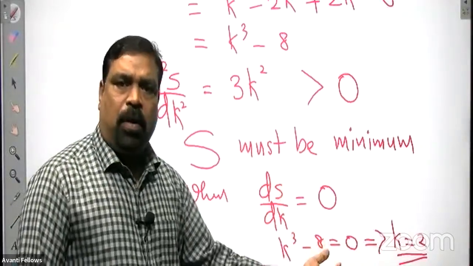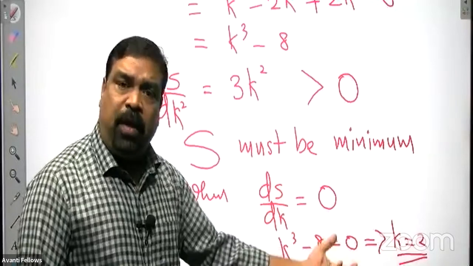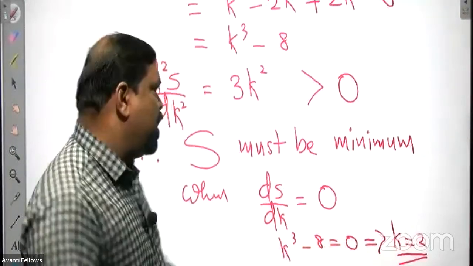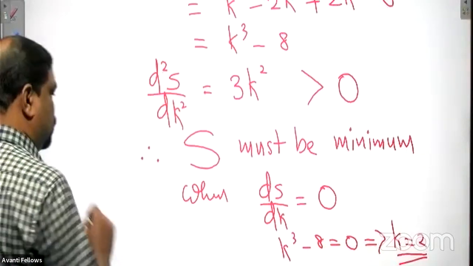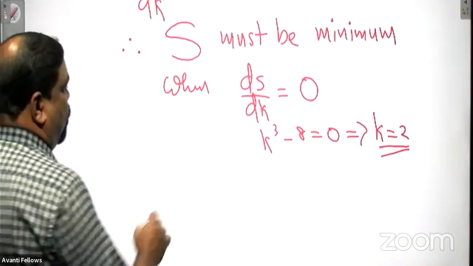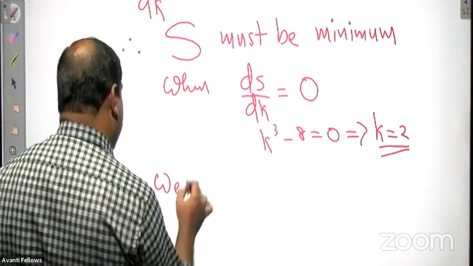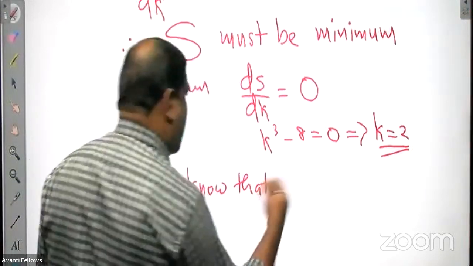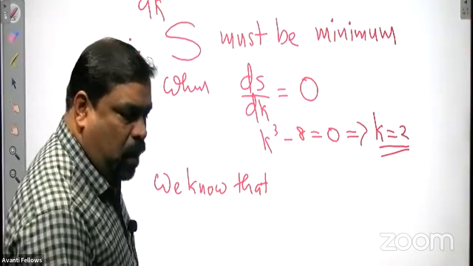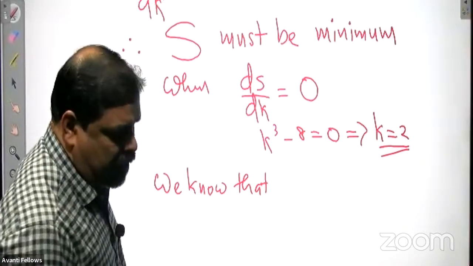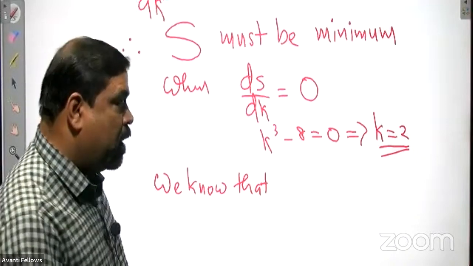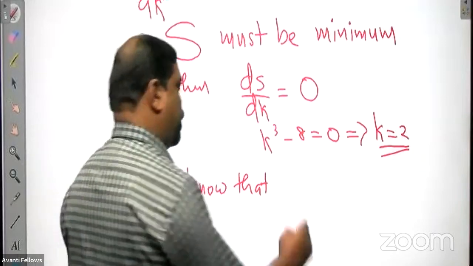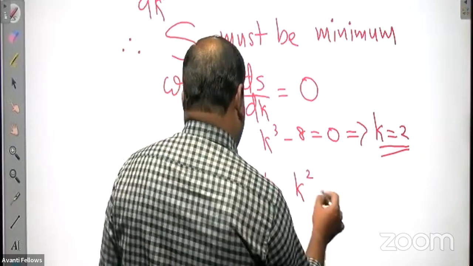So we have got the value of k. Now what is remaining? H. So how to get h? We know the relation between h and k. (h, k) satisfies the parabola. The parabola equation is y square is equal to 2x.